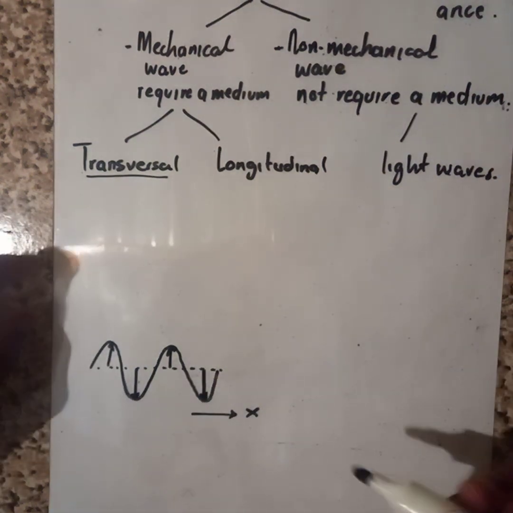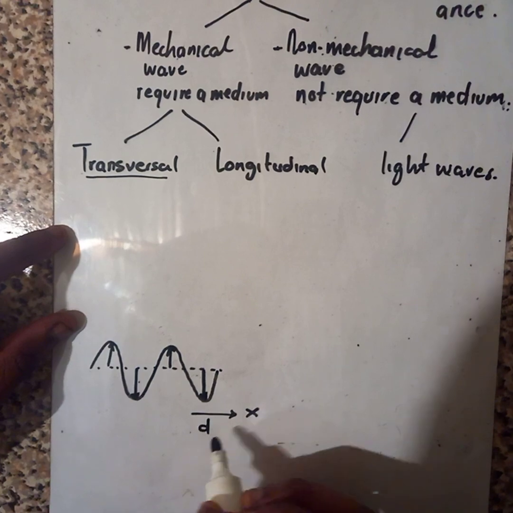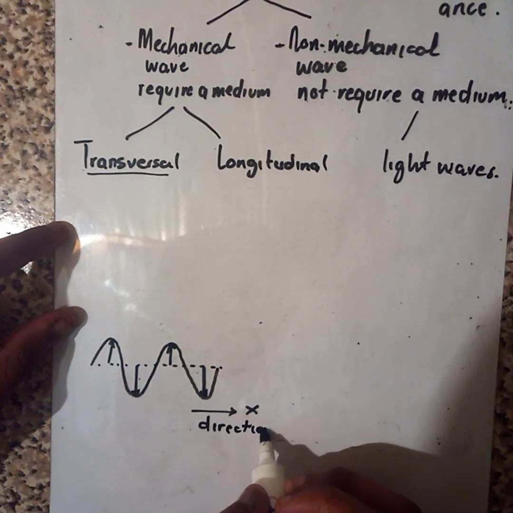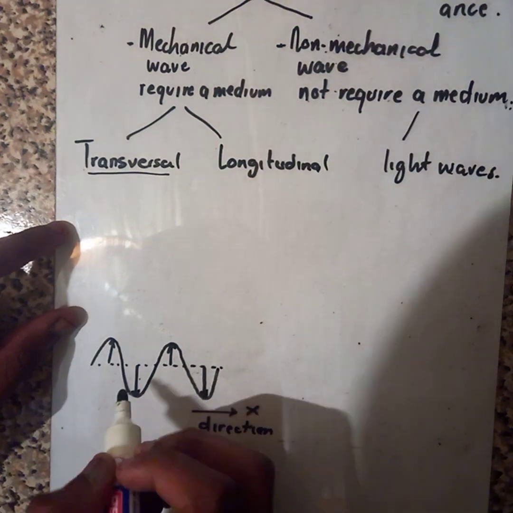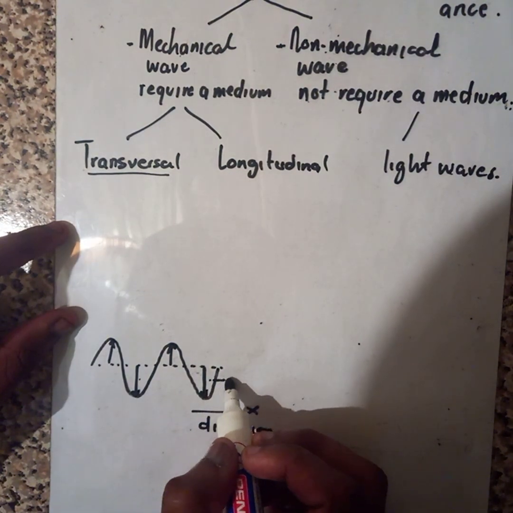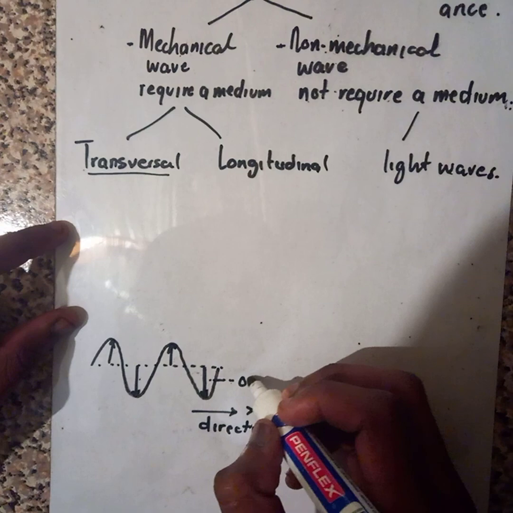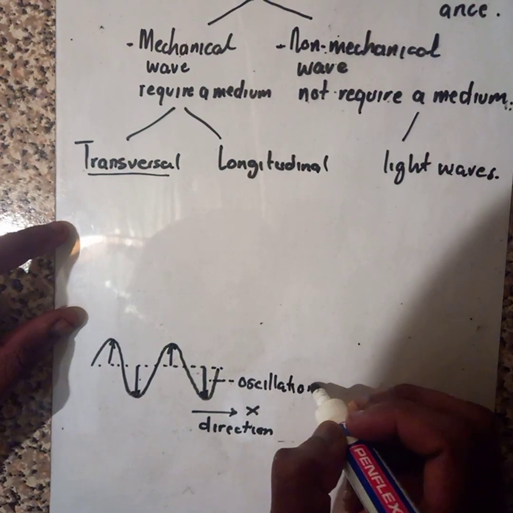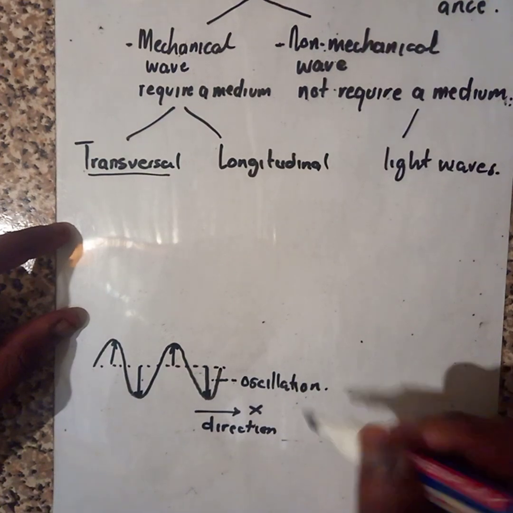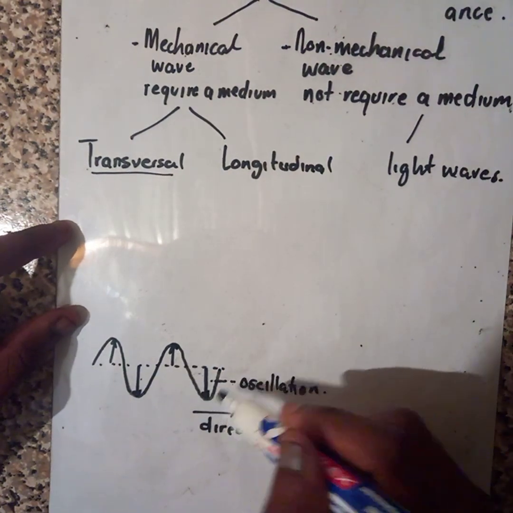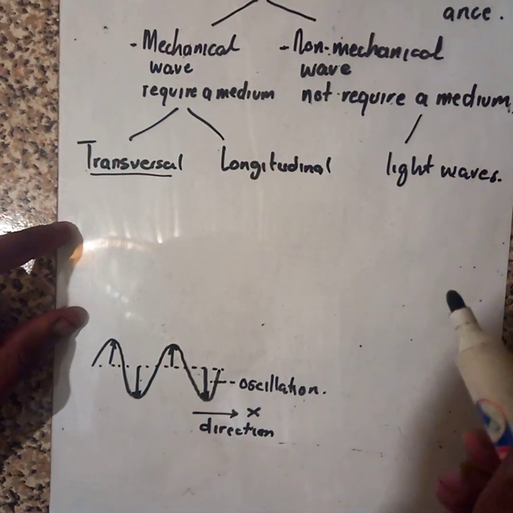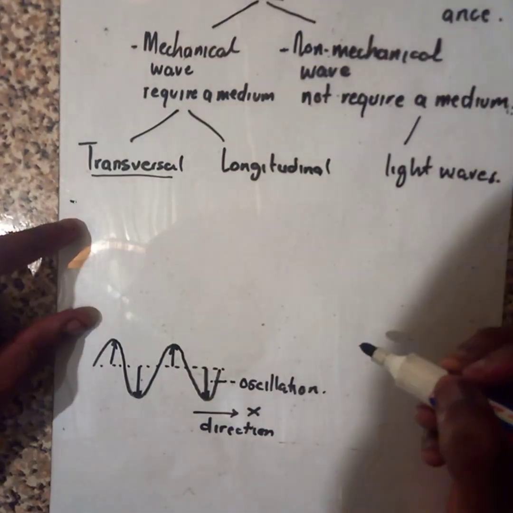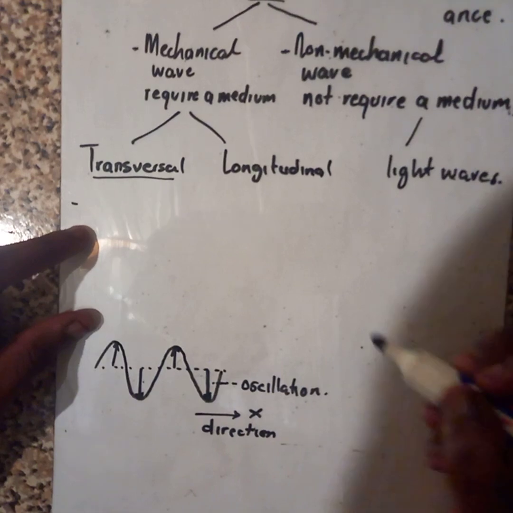We have the direction here, then these arrows represent oscillation. Its oscillations are perpendicular to the motion of a wave.